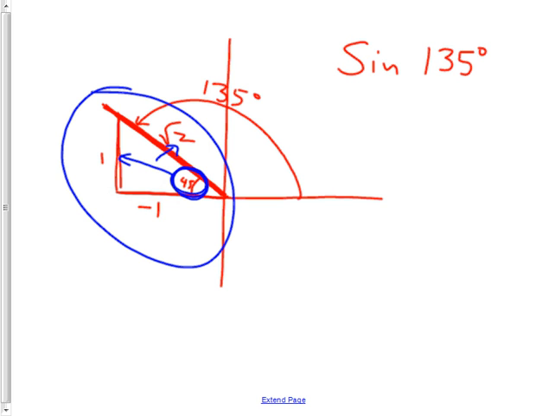Oh, it does come out the same, 1 over square root of 2. It just happens to be that way because we never used the adjacent side. So it turns out exactly the same as sine of 45, opposite over hypotenuse. The answer is 1 over square root of 2.